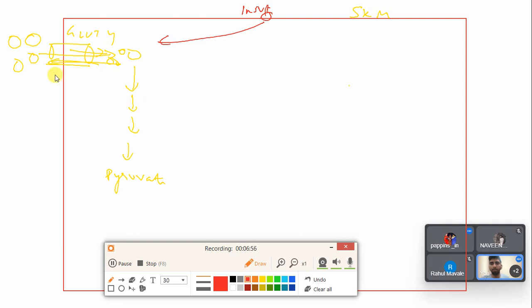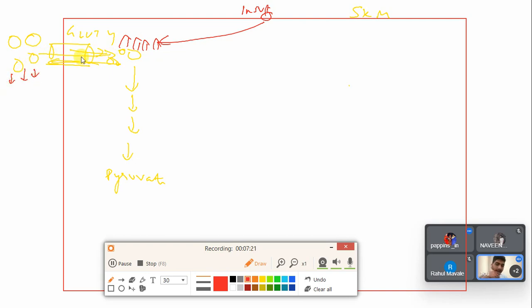Now when we take a lot of glucose into the cell, can this glucose go back to the interstitial fluid again? Because we have already learned that glucose moves from higher concentration to lower concentration. If this channel takes up a lot of glucose, the concentration of glucose is quite high here, so it will be low outside. That means it should go back.